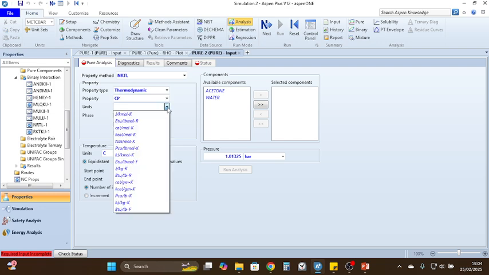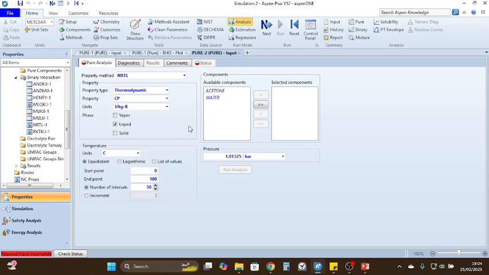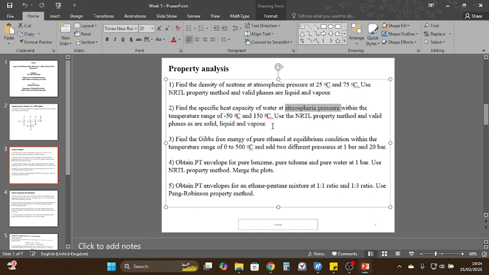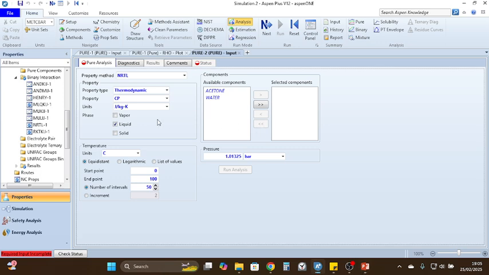The unit, let us keep it as joule per kg Kelvin. Over here, phases are being asked. So the valid phases for water, that is the three valid phases, are solid, liquid, and vapor. So we are going to select all the three phases.